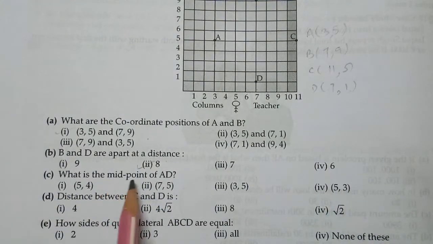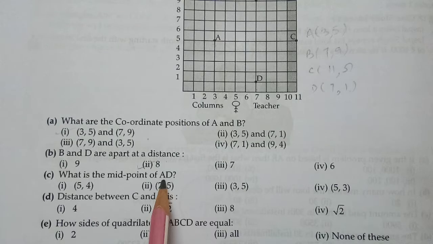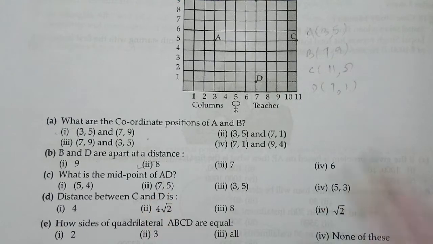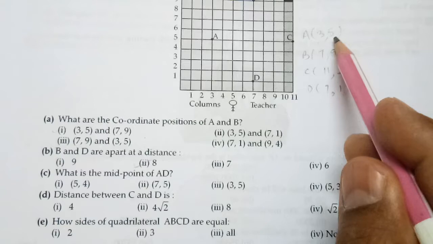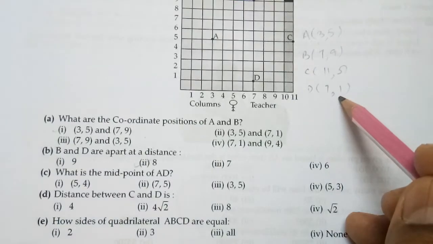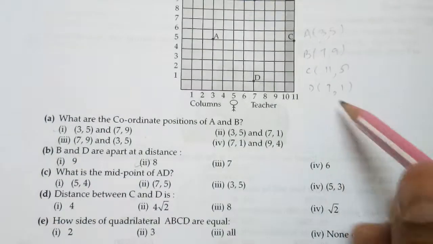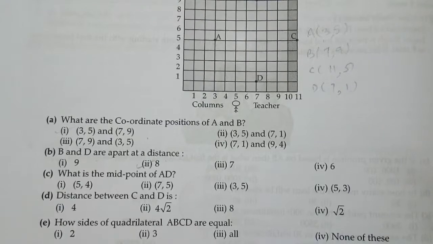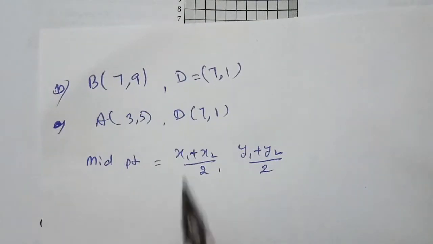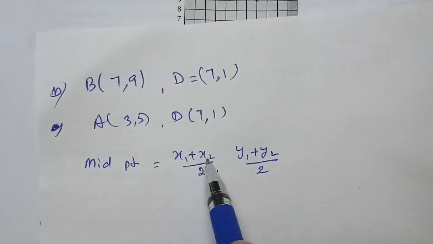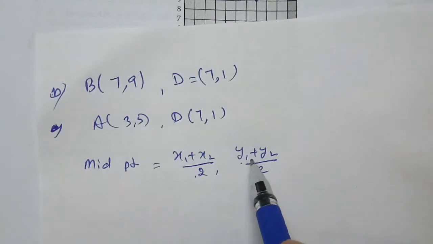Midpoint of AD. For this we will use the formula, because A is 3, 5 and D is 7, 1. The midpoint formula is x1 plus x2 by 2 and y1 plus y2 by 2.